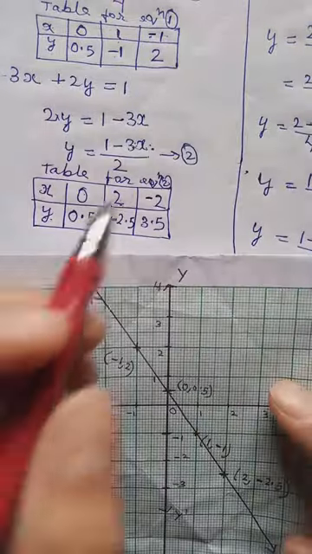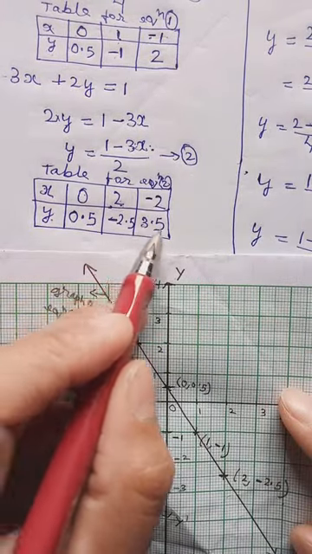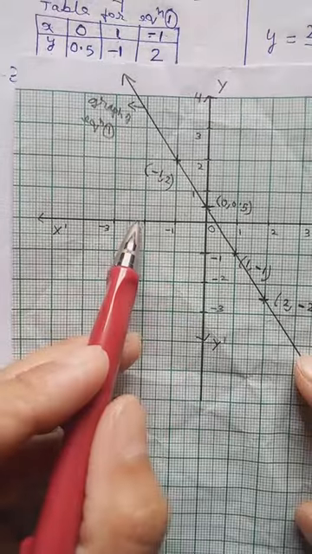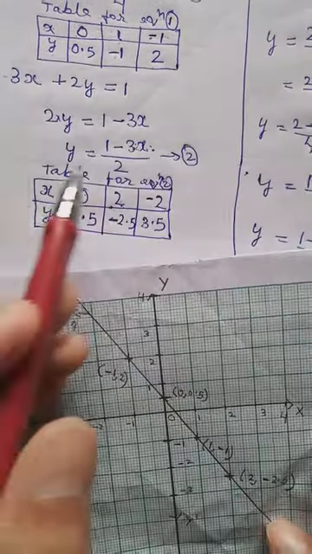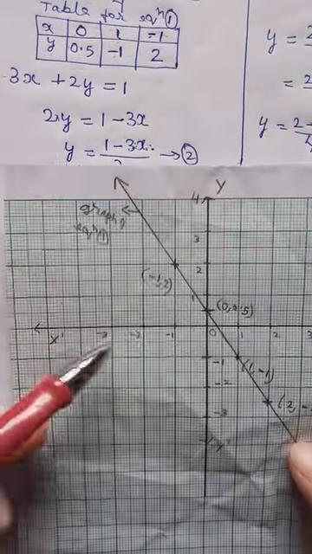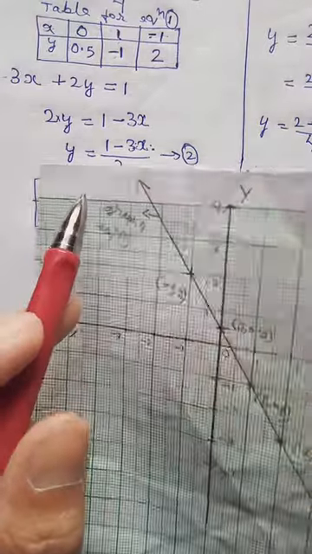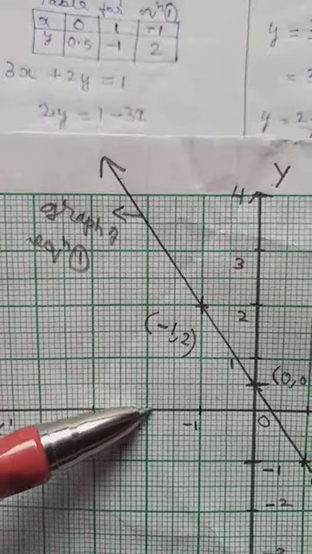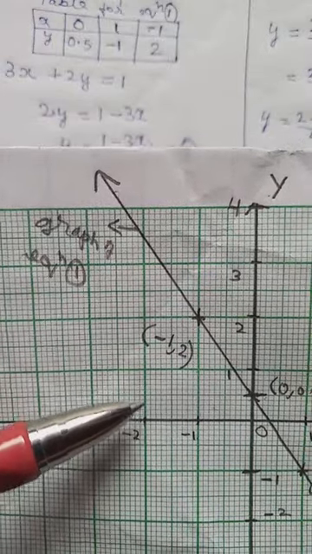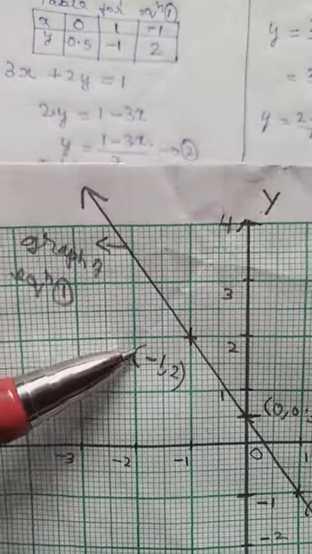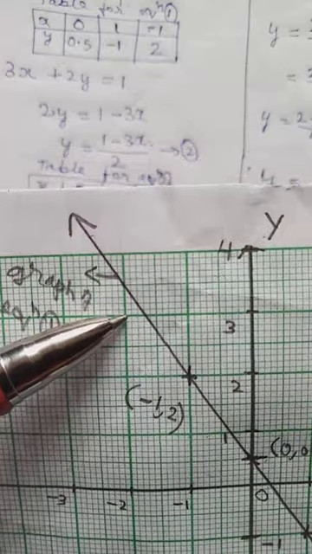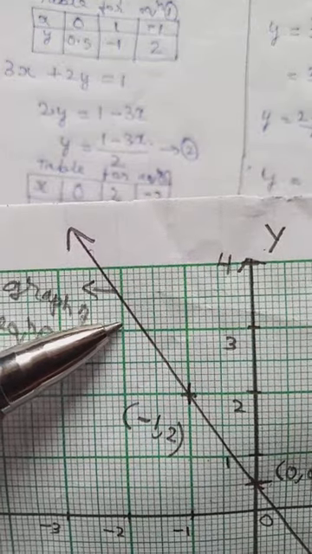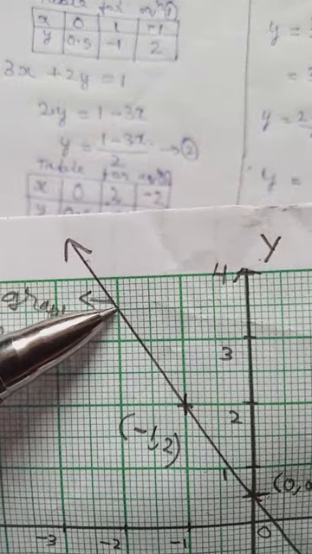Then we have the next point, minus 2, 3.5. Minus 2, here we have, then 3.5. This is plus, that means we have to go up. 3.5, we will not go anywhere, but stay on the same line. Minus 2, we will go 3.5. Here we have 1, here we have 2, here we have 3. Then count 5. 1, 2, 3, 4, 5.